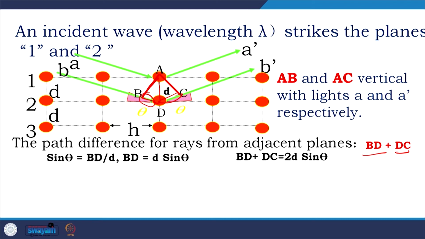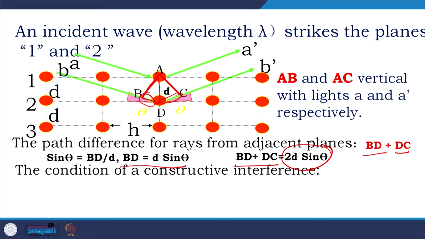Now, if you put in the trigonometric formula, sin theta would be BD by AD, AD equal to d, so BD equals d sin theta. Similarly, DC is also the same, so BD plus DC equals 2d sin theta.